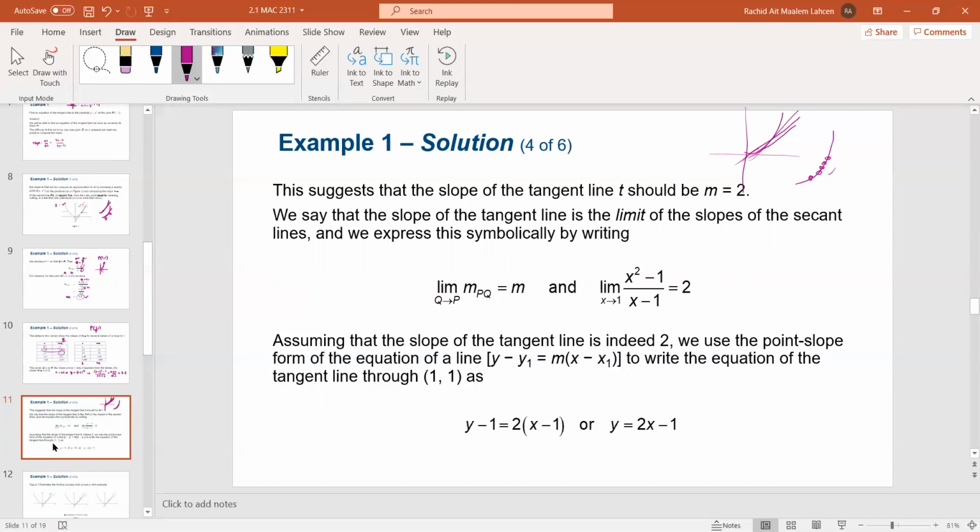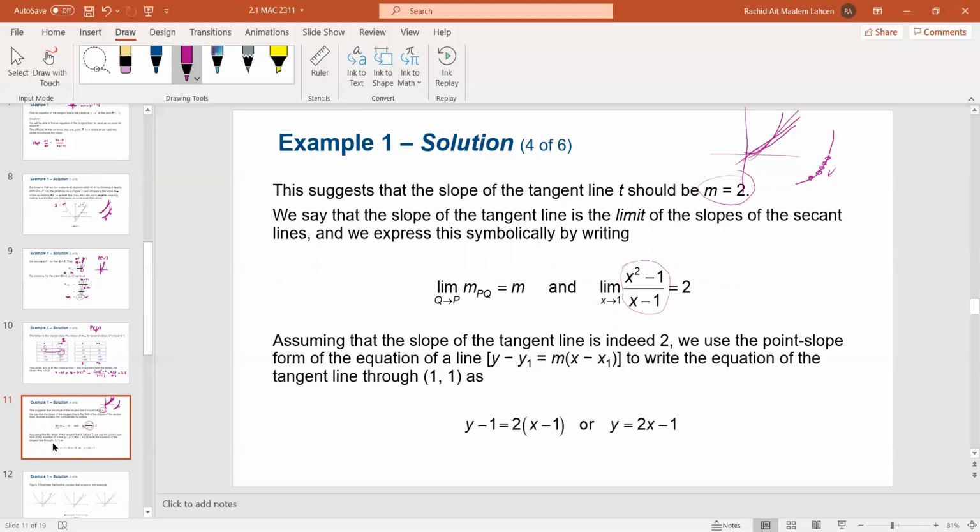They can get closer, and as these get closer, the secant line will become a tangent line right at the point or close to it. It's going to be 2. That explains that the limit of the slope of the secant line will be 2 as x gets close to 1, and that's what the table shows.